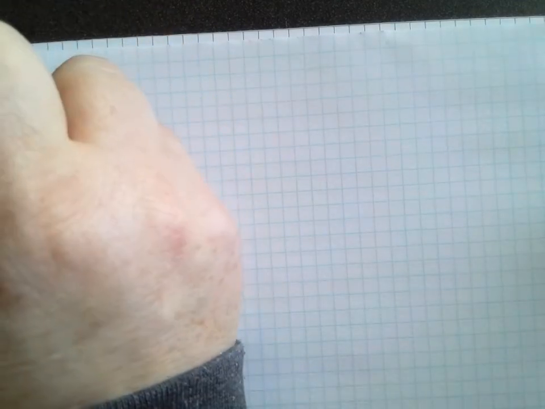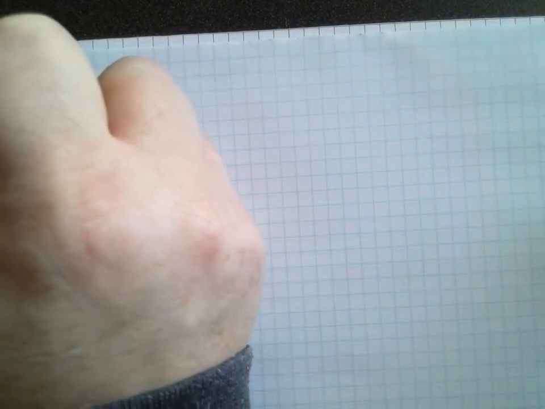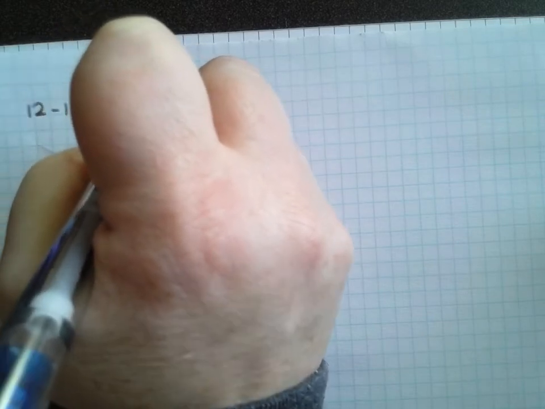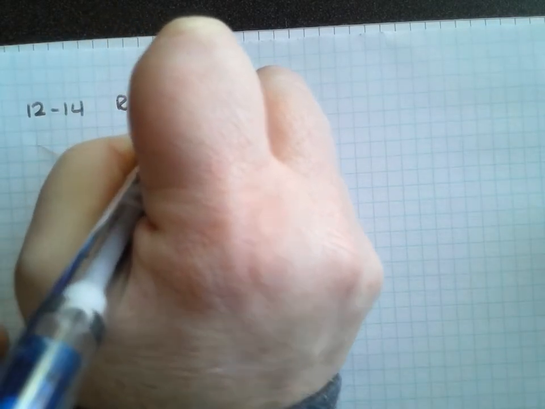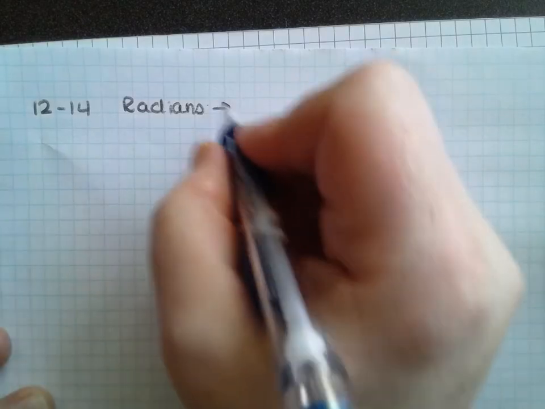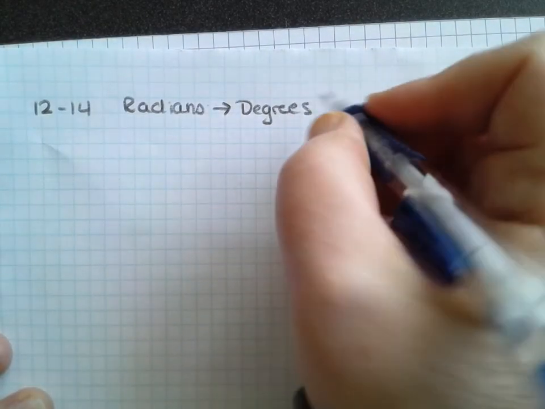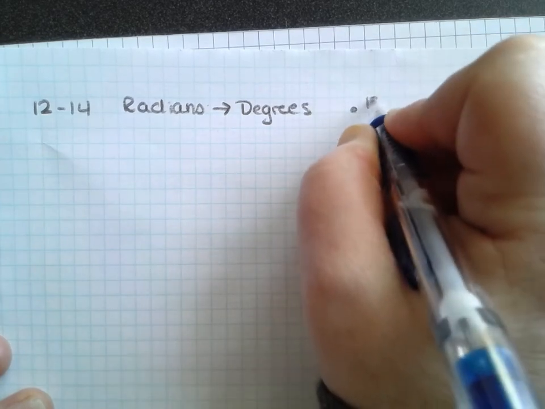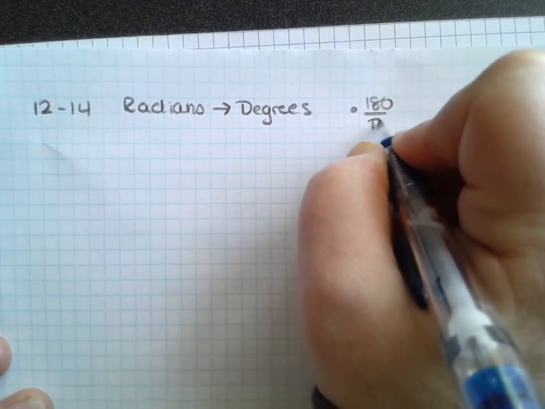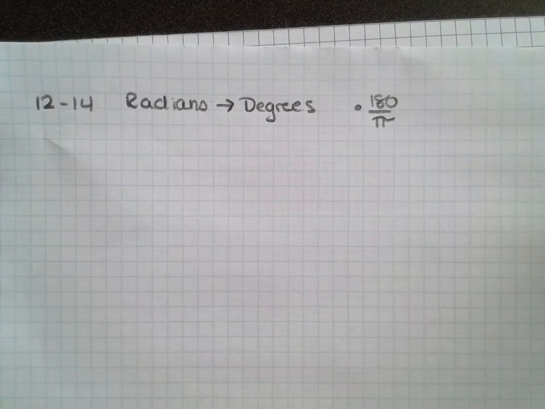So the next thing we're going to do is convert for 12 through 14. We're going to go from radians to degrees. And what we do is we just multiply by the inverse, which is 180 over pi, okay? And what's nice is that pi just goes away, okay? So let's take this one.